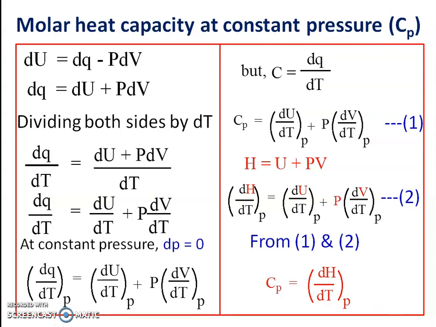Therefore, heat capacity at constant pressure is defined as the rate of change of enthalpy with temperature at constant pressure. So this is the definition of molar heat capacity at constant pressure.